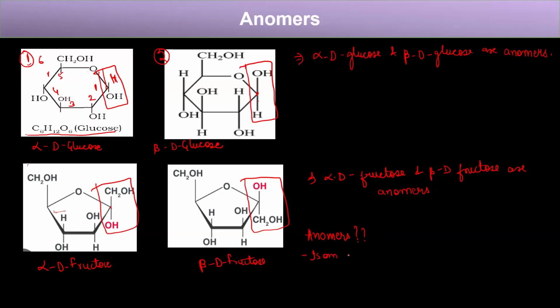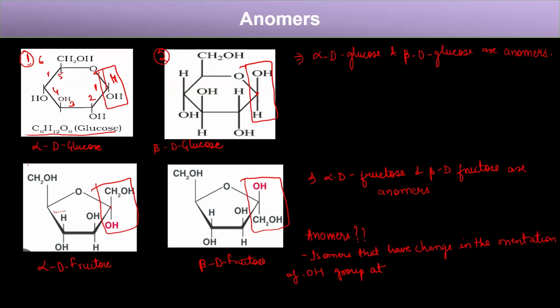These are isomers that have a change in the orientation of the hydroxyl group. The OH group is the hydroxyl group at one carbon position. And what is that carbon position? If you look at the structure, this change is not random.